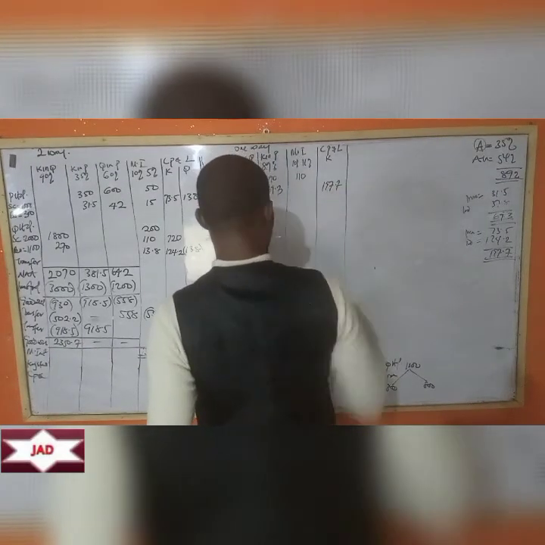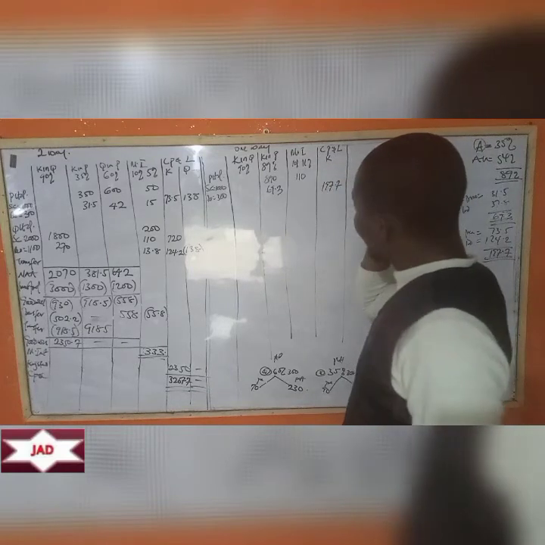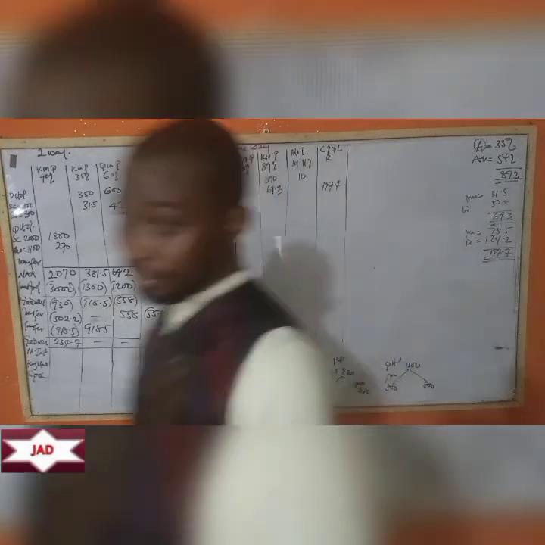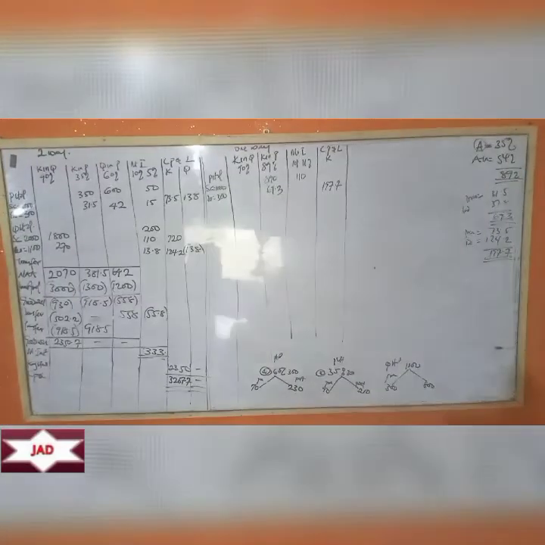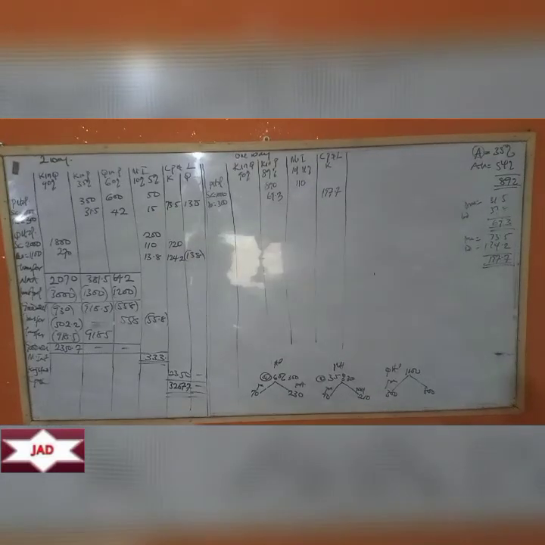So minority interest of what? That's 11%. 11% of 300. So we have 33, right? 0.11 times 300. 33.